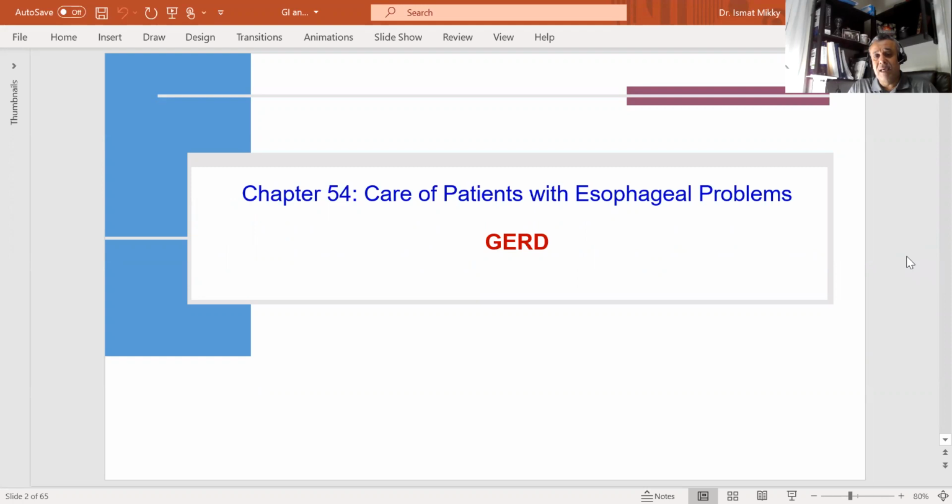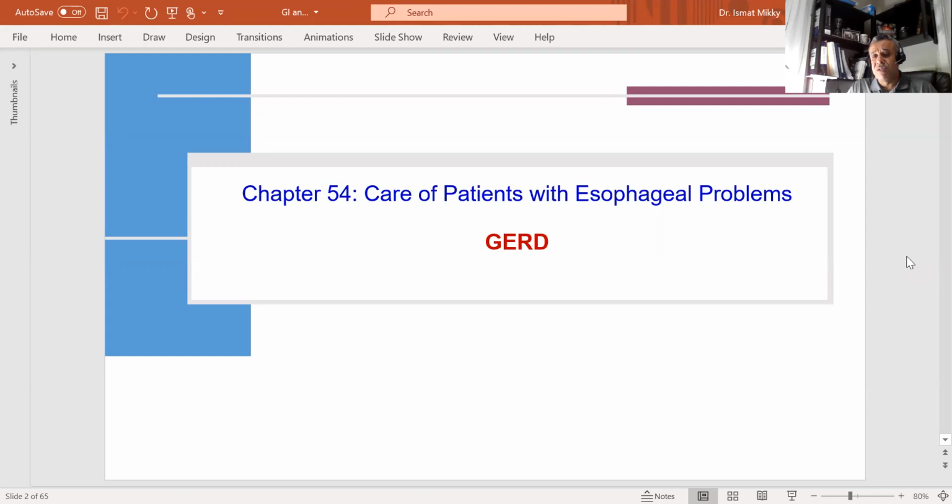From pathophysiology, it results when the LES, the lower esophageal sphincter, also called the cardiac sphincter, which is the sphincter between the last segment of the esophagus and the stomach, is weak, due to increased pressure or decreased tone, which is the strength of the smooth muscle.